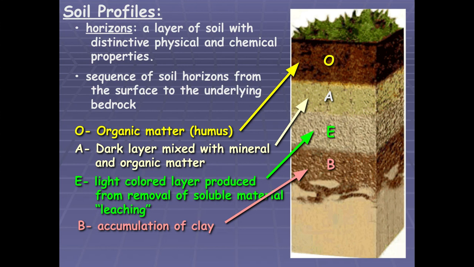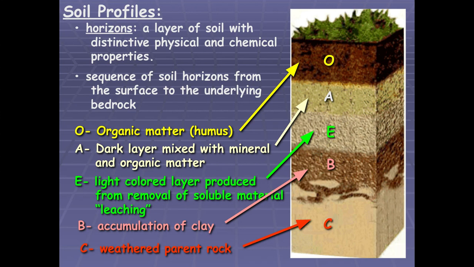And so as the water percolates through the O horizon, A, E horizons, it finally has decomposed those horizons and now accumulated the clay in the B horizon. And the last horizon typically associated with a typical soil profile would be the C horizon, which is known as what we call weathered parent rock.